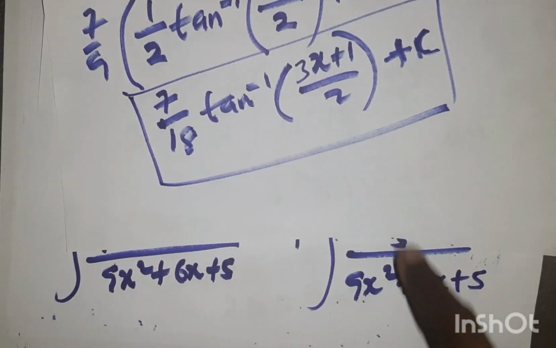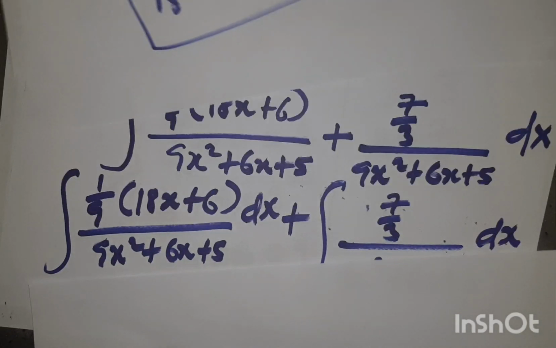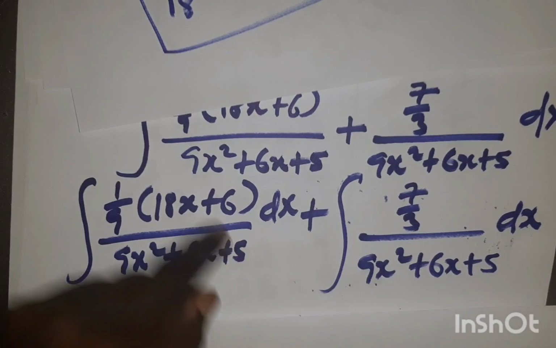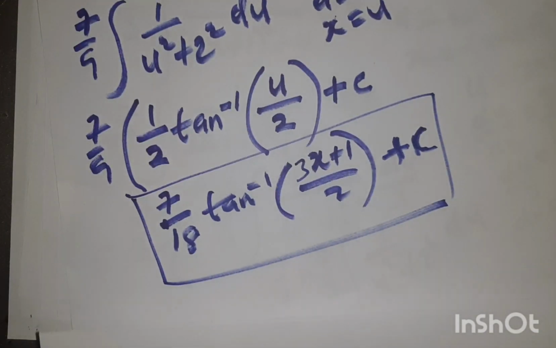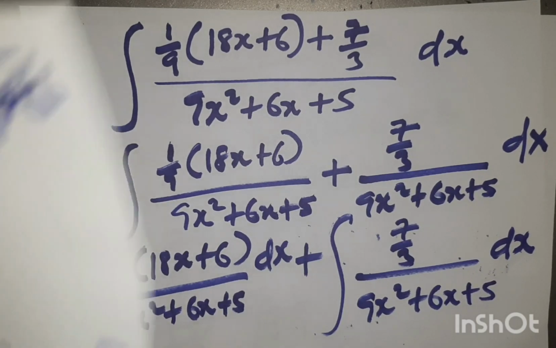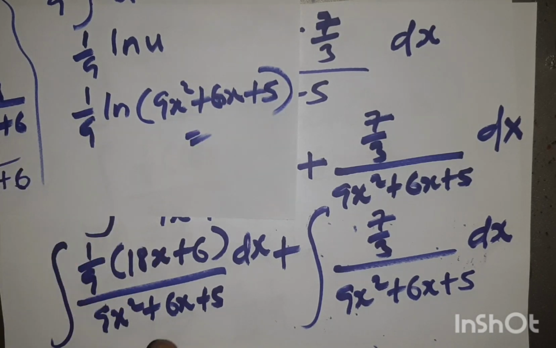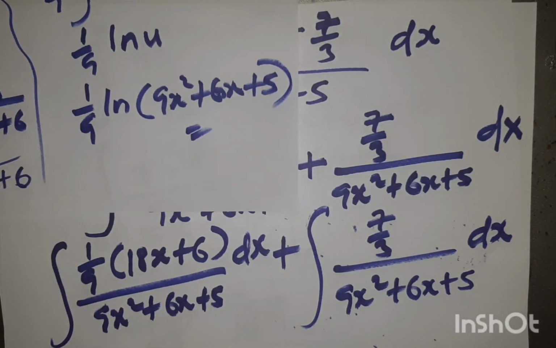So combining them, for this we got a particular value. This was what we got. So we got 1 over 9 ln this same value here.